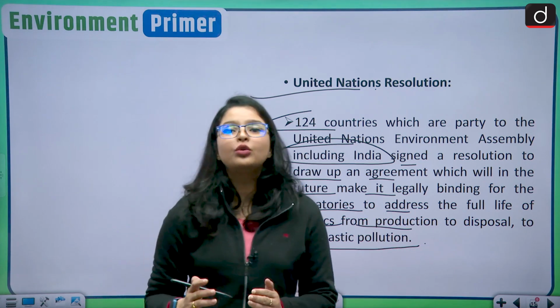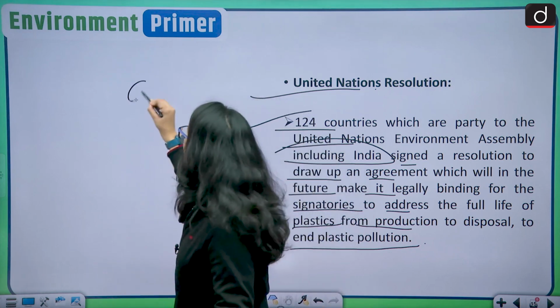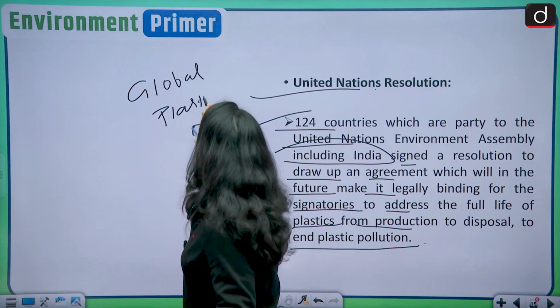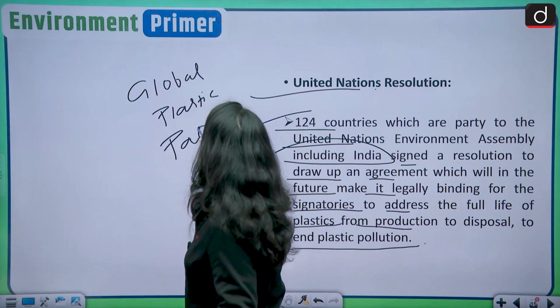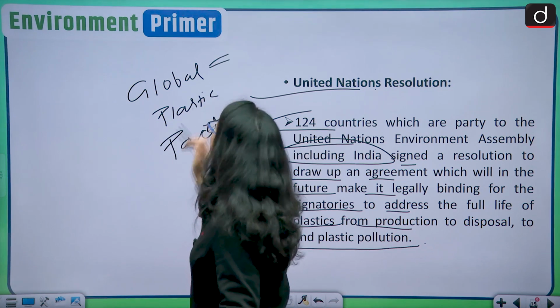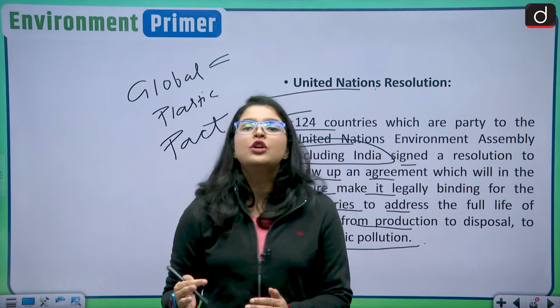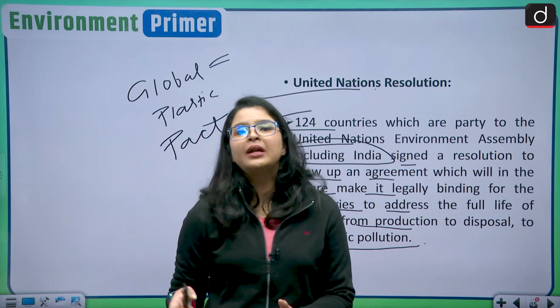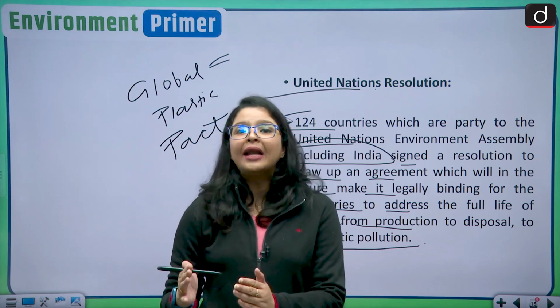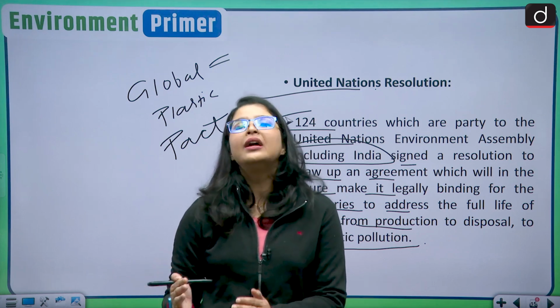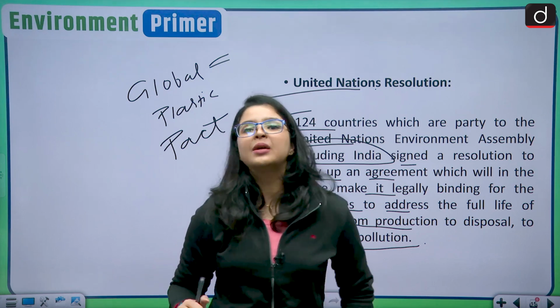So they are trying to draw up a global plastic pact, and this will also be legally enforceable in nature. So a resolution might be coming up which will bind the countries that are signatory to it legally to end plastic pollution.